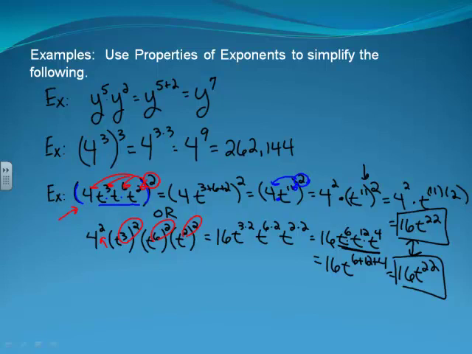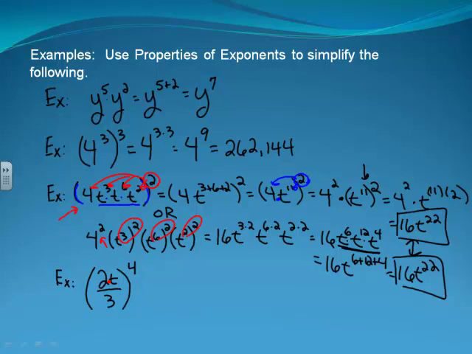All right, let's do one more example on this page. Let's look at 2t divided by 3, that whole quantity raised to the 4th power. Now this is actually a combination of two properties of exponents.